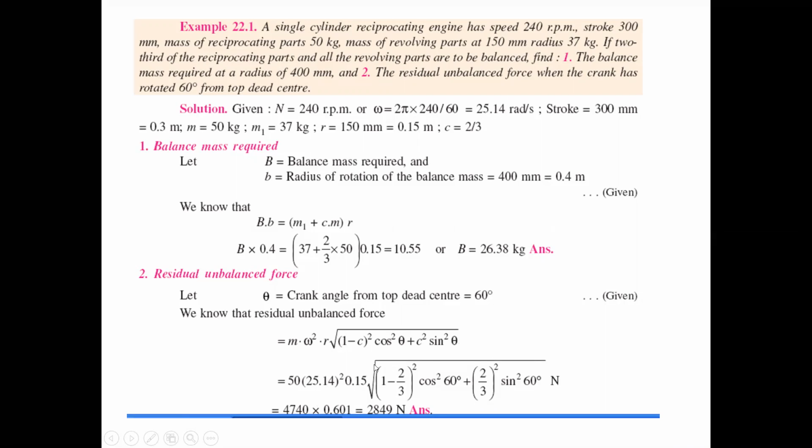Just substitute the values in this equation. Small m is 50, omega is already calculated earlier, 25.14, and small r is 0.15, and c is known. Substitute the values in our equation and calculate, and simply you will get the value: 2849 newtons.